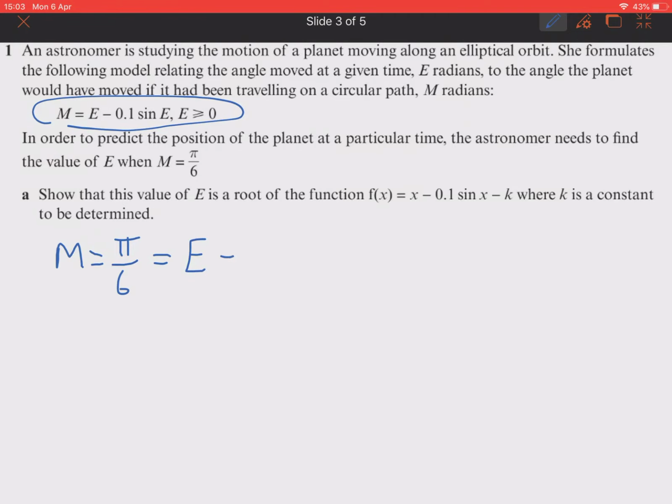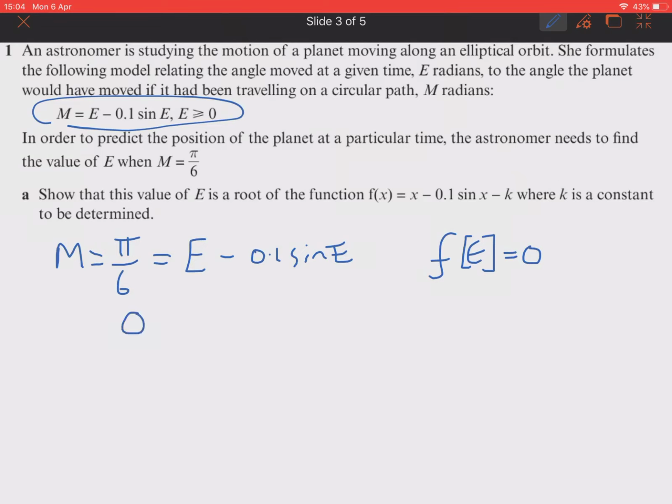M is E take 0.1 sine E. Now, in order for it to be a root, we need some function evaluated at E equaling 0.